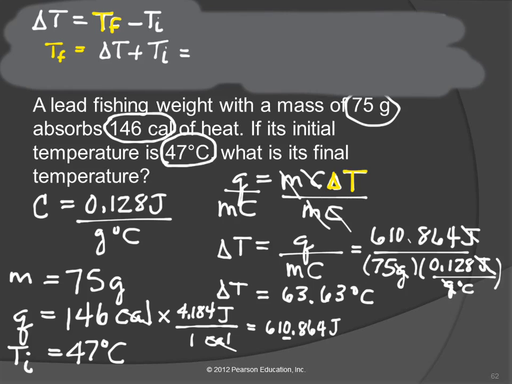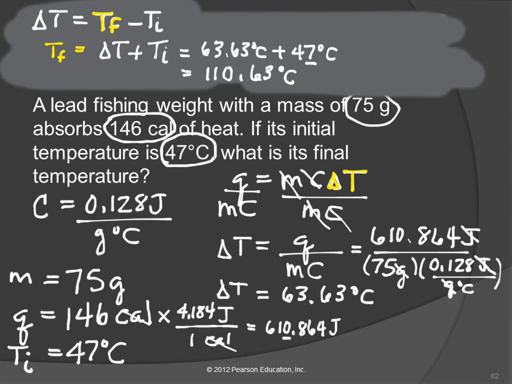So I'm going to take delta T, 63.63 degrees Celsius, plus the initial temperature of 47 degrees Celsius. I still have 63.63 in my calculator. I'm just going to add 47. Now the calculator is showing me 110.63 degrees Celsius.